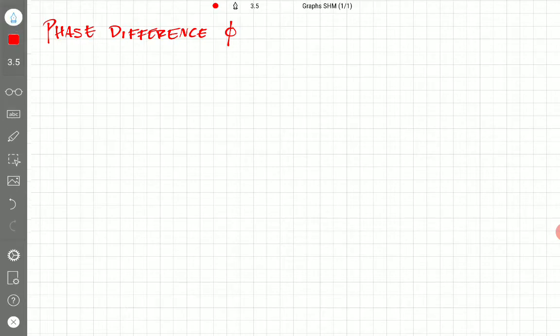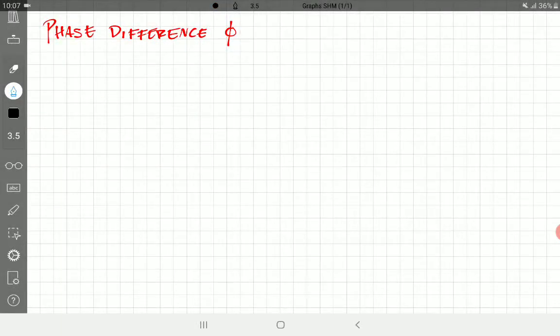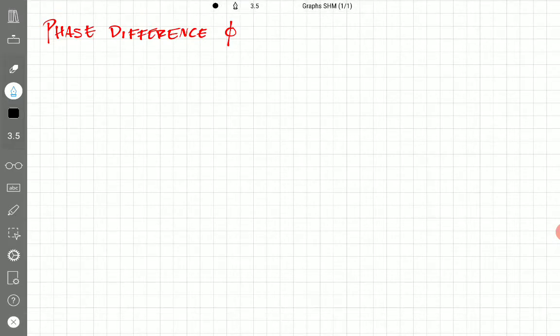So last week we introduced our main variables of simple harmonic motion. We introduced period, frequency, amplitude, displacement, and now the one that is joining the club is phi, the phase difference.